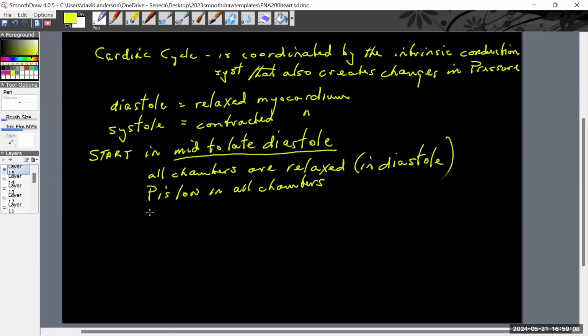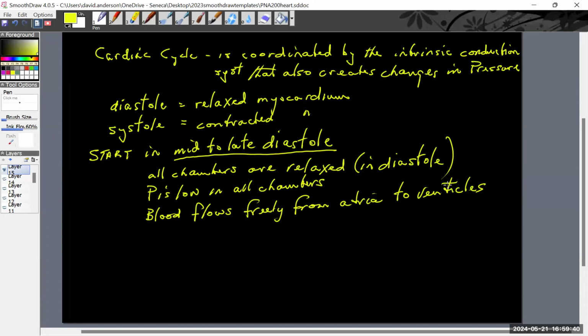And blood flows freely from the atria to the ventricles, because blood is being returned to the heart through the vena cava and through the pulmonary veins back to their respective chambers.